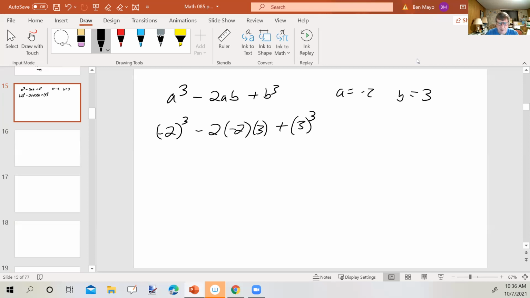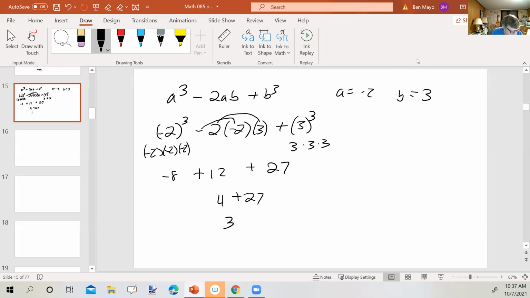Again, when you replace a variable in an expression with a constant, a number, put parentheses around it to keep all of the original operations intact. -2 cubed would be -8. And then we've got what? -2 times -2 would be +4 times 3 would be +12. And then +3 cubed, which is 27. -8 plus 12 is 4. 4 plus 27 is 31. Okay. Any questions about that situation?